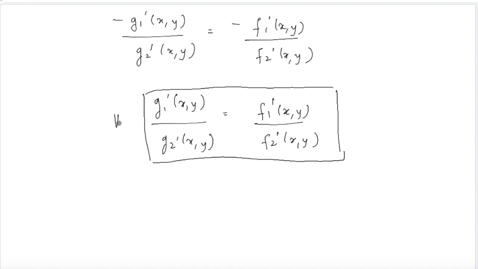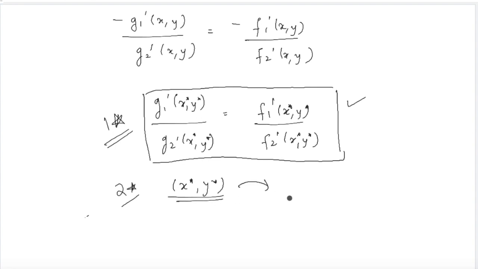So the first condition to satisfy is this. The second condition is that whatever optimum point comes out, let's say the point of optimality is (x star, y star), then this (x star, y star) has to satisfy the constraint, which is that g(x star, y star) should be equal to c.